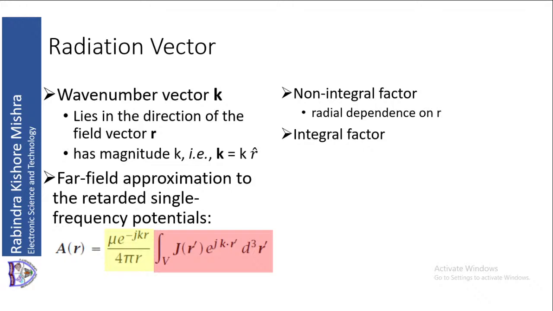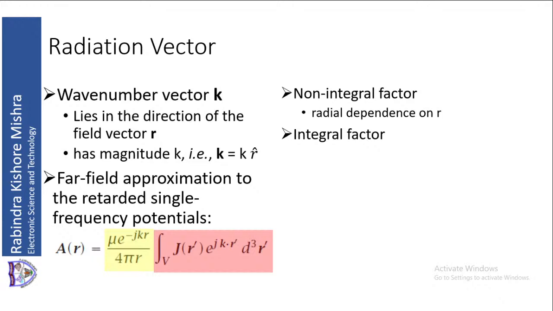Now you can tell me where we got the small r in the denominator. That is from the approximation we did. If you remember, the denominator should be 4 pi capital R, but capital R is approximately equal to small r. That approximation we have made, and from that we get this denominator as 4 pi r. So this is the non-integral factor.